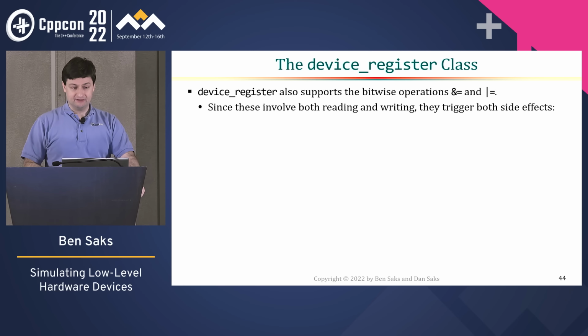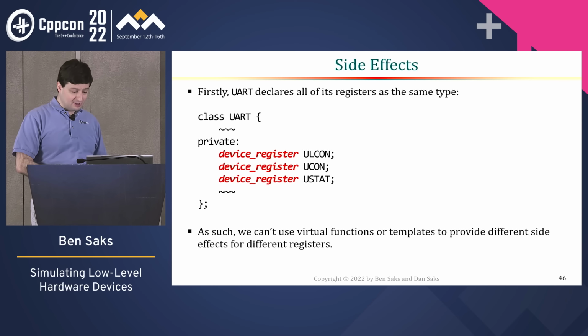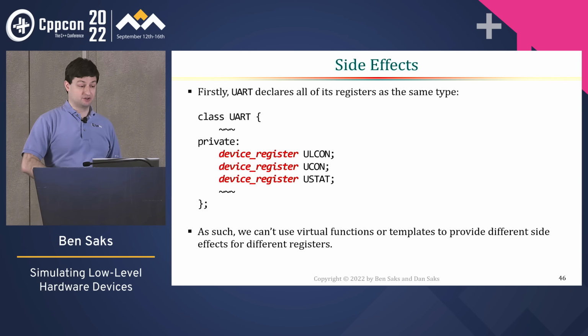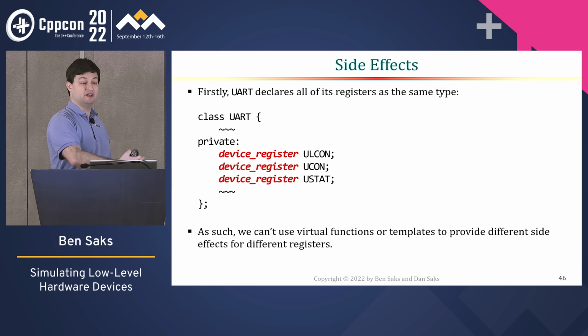So our UART class looked like this. All of our device registers are declared as the same type. So we're not going to be able to use something like virtual functions, or templatizing these things to provide different behaviors for our different device registers. They've all got to be based on the same type.